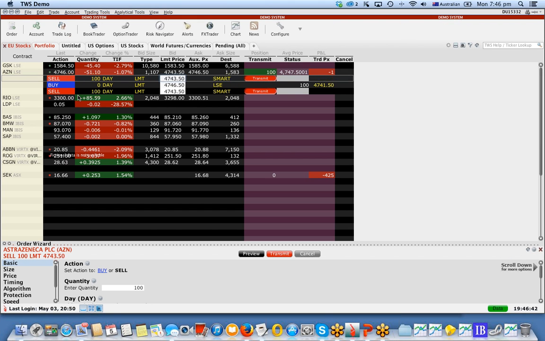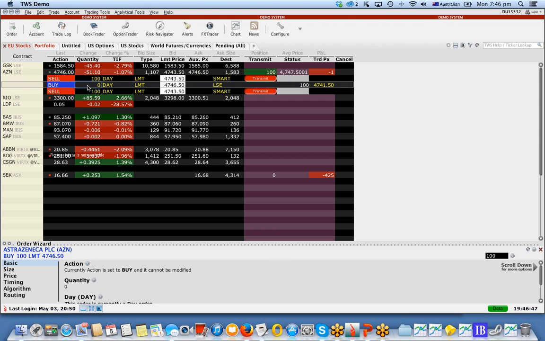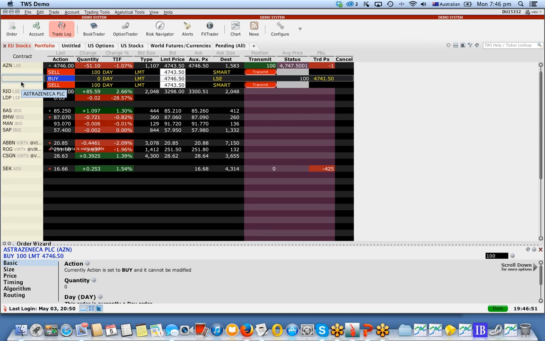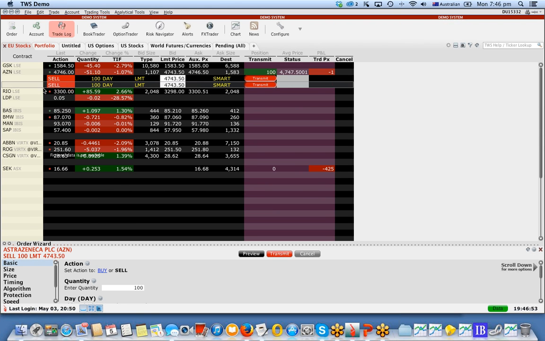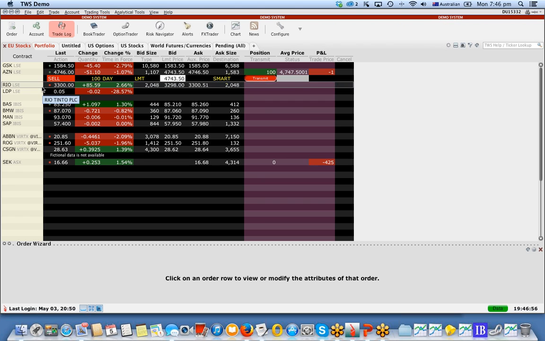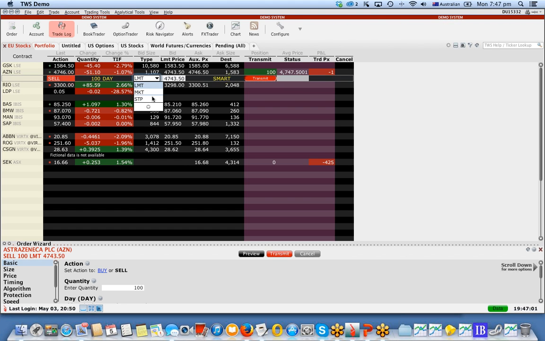If you have too many lines like here, you need to get rid of them. You just select this line, right click, and you can remove it. Okay, I will just delete it. Right, backspace.